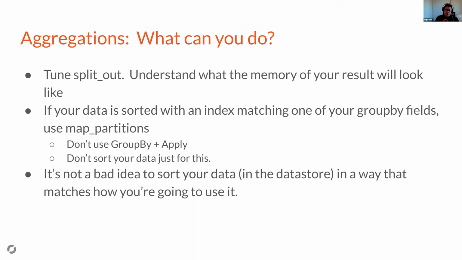Alternatively, if your data is already sorted with an index matching one of your group by fields, you can use map partitions. I know that sounds very complicated, but what this really means is that in a group by operation, you are collecting data for a single group, and then you're applying an operation to it.